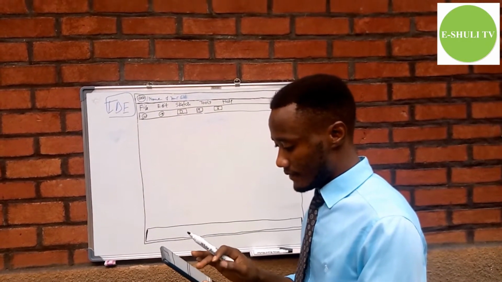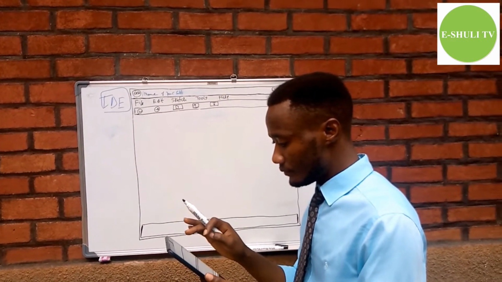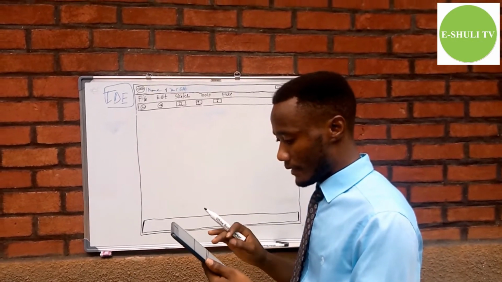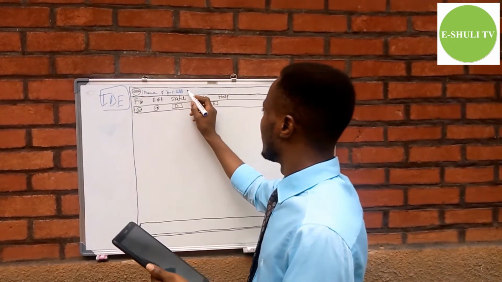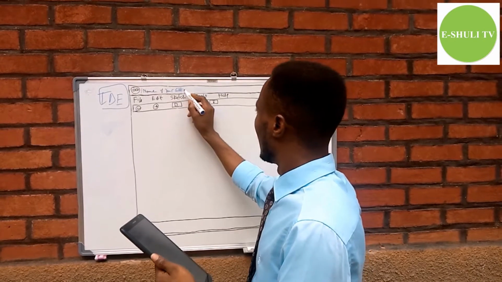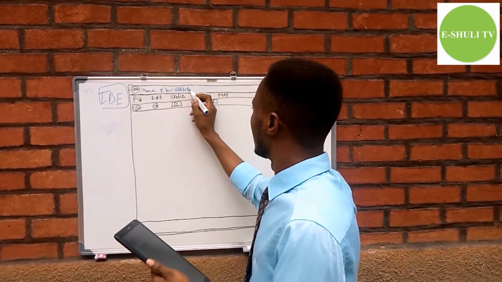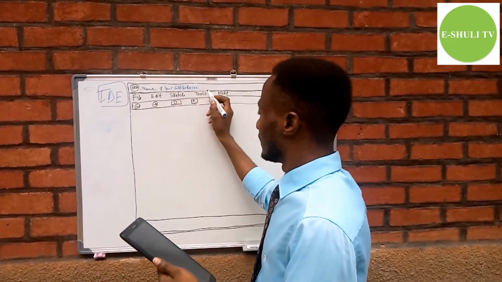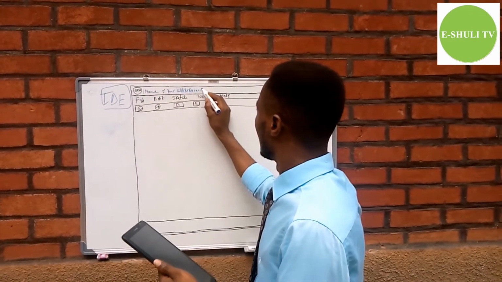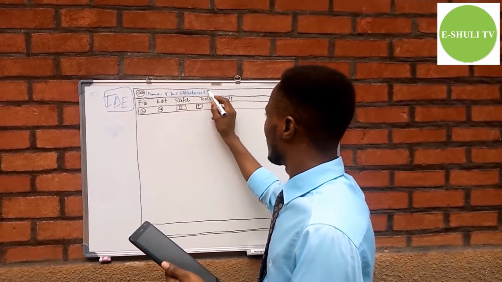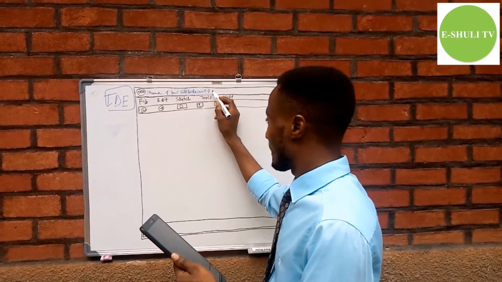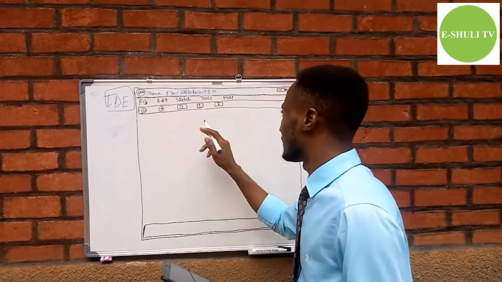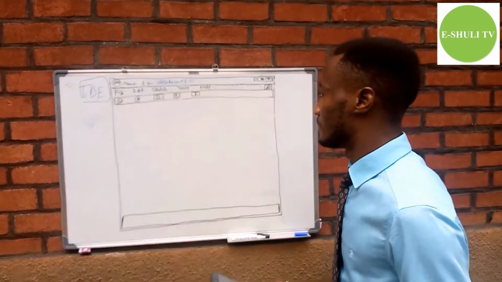For example, you see this Arduino version 1.8.13. This is the version of Arduino.